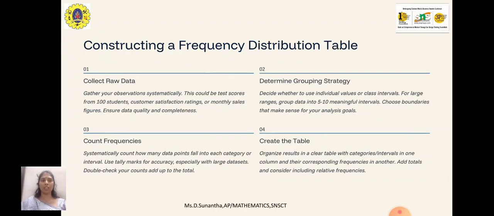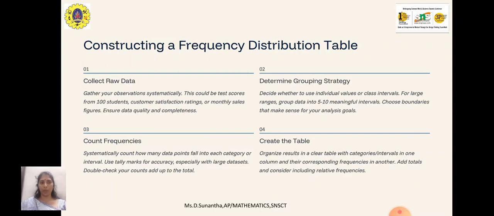Next is constructing a frequency distribution table. First, collect raw data. Second, determine grouping strategy. Third is count frequency. Fourth is creating the table. So gather your observations systematically. This could be test scores from 100 students, customer satisfaction ratings, or monthly sales figures. Next, decide whether to use individual values or class intervals. For large ranges, group data into 5 to 10 meaningful intervals. Choose boundaries that make sense for your analysis goals.